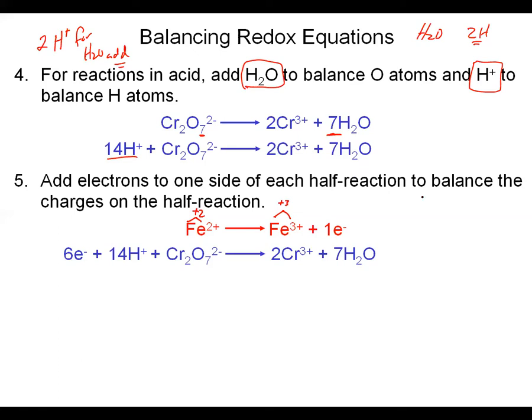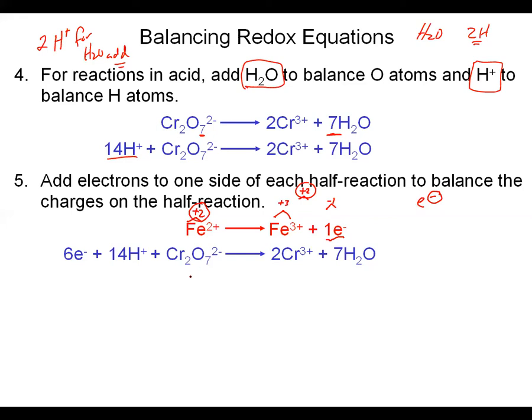Again, it doesn't have to be 0, but it does have to be the same number. And the only way we're going to do that is by adding negative electrons. So you need to add electrons to whichever side will help you. In this case, we just need 1 electron, and that's going to give us a -1, and overall a +2 on the right and a +2 on the left.